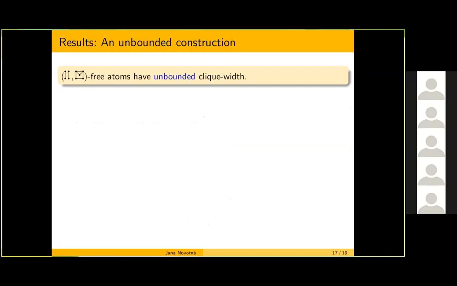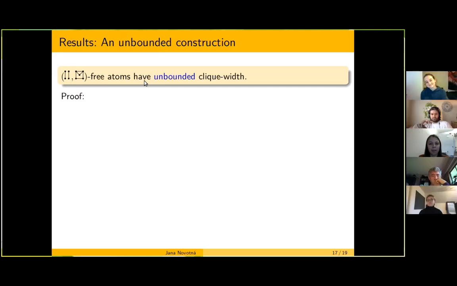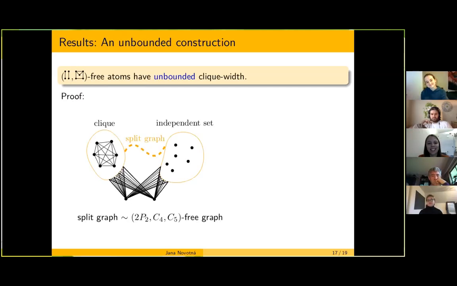I would also like to show you one easy unbounded construction, just to see how unbounded Clique-width may be proved. We want to prove now that 2P2 and house-free atoms have unbounded Clique-width. How do we do that? We take a graph we already know: a split graph, which has unbounded Clique-width.